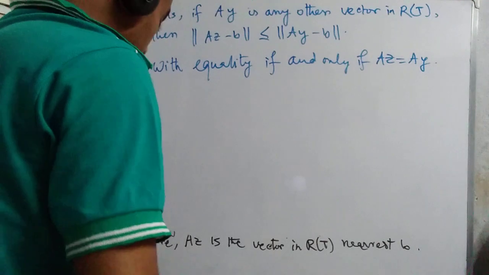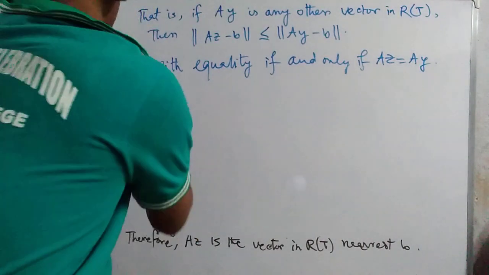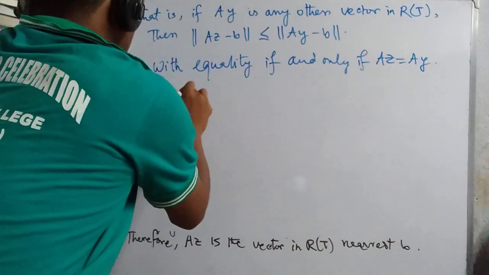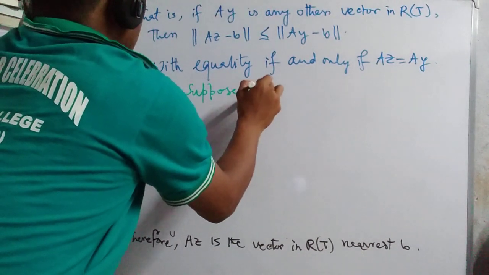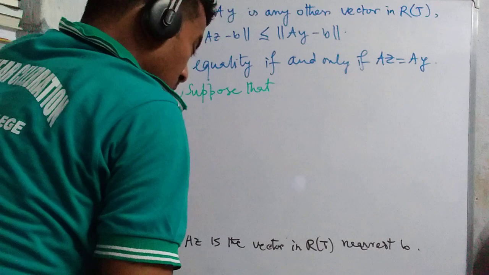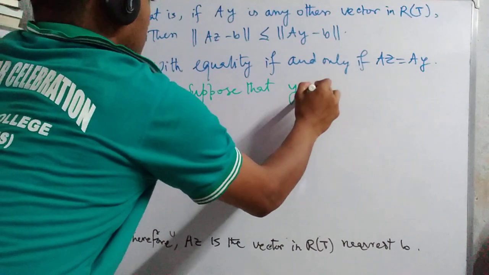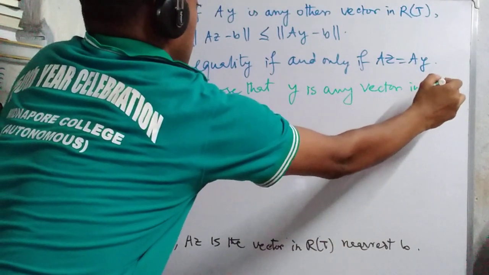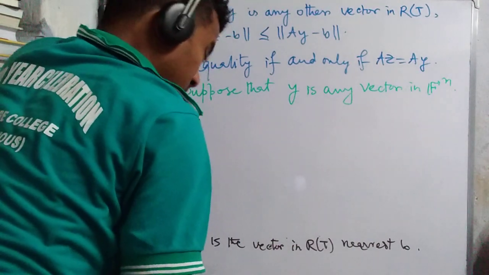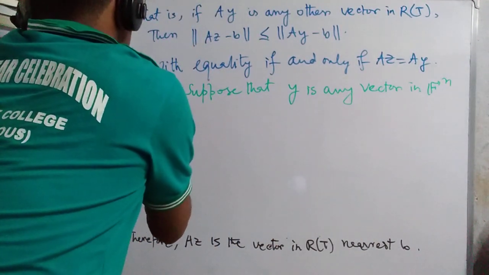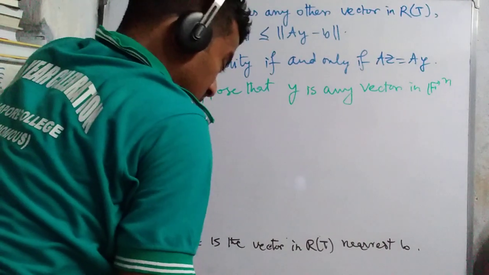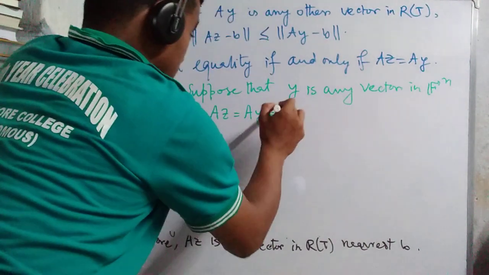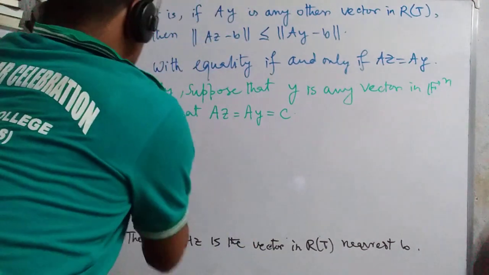then finally we suppose that y is any vector in Fn. Okay, such that what? Such that Az equal to Ay equal to C. Understood? Then what happened?